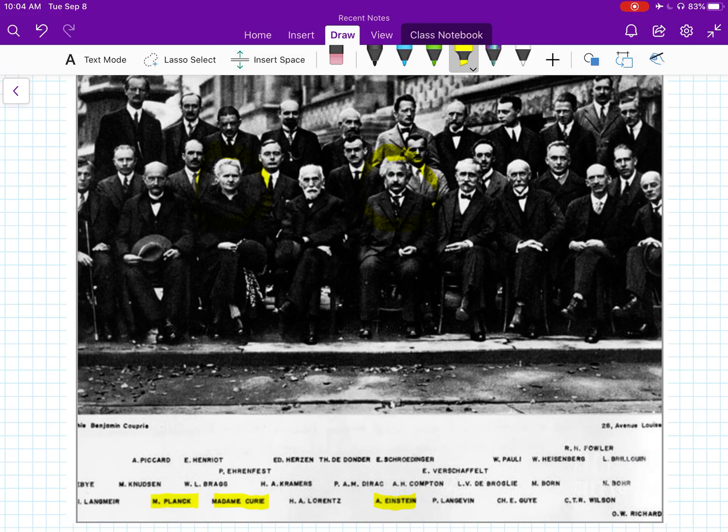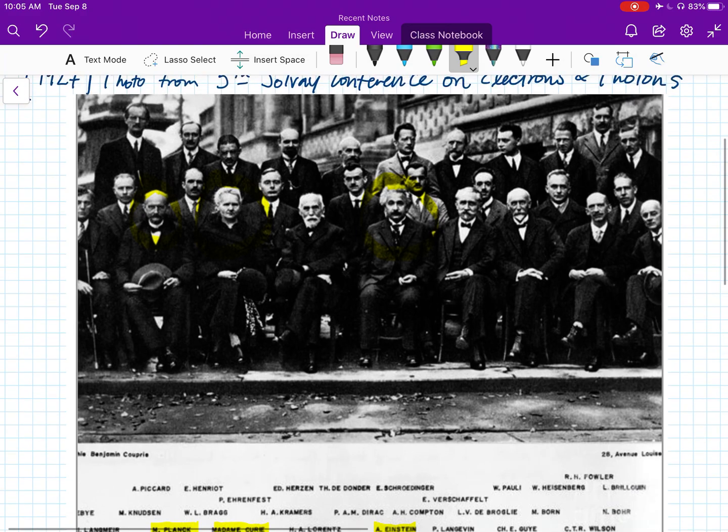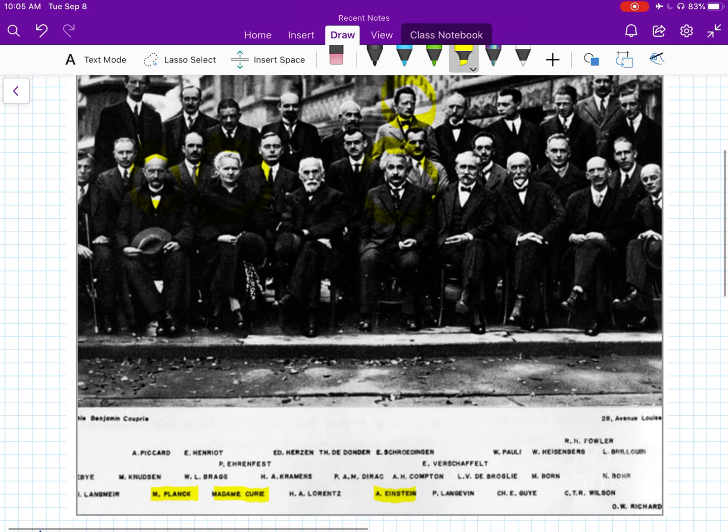One that we're going to talk about in this chapter is Max Planck, who is here to the right of Madame Curie. We are also going to talk about Erwin Schrödinger and his wave mechanics theory. And De Broglie is behind Einstein a little bit over here. And then the Pauli exclusion principle as well.